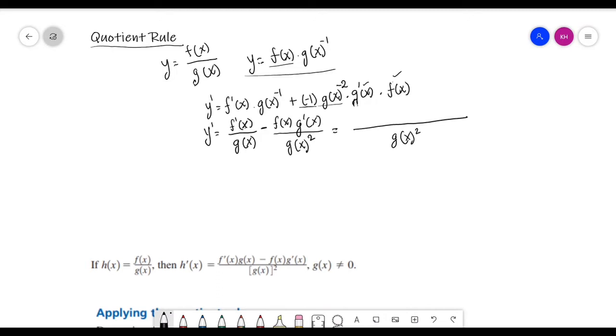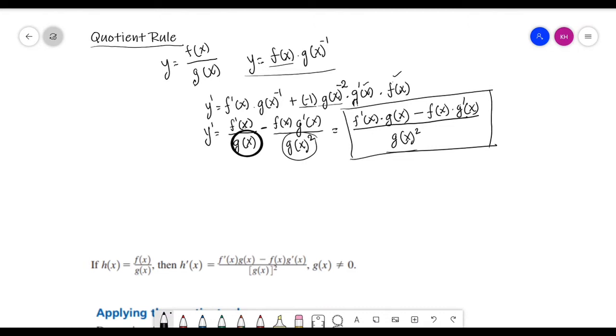And what do we have over here? We're going to have f prime x times, we already have a g of x, so to get a g of x squared, we need one more g of x, so I'm going to multiply that, and minus this one already has the g of x squared, and my common denominator is g of x squared, so there is nothing to add over here, so we're going to keep the f of x times g prime x, and that is what we call the quotient rule.